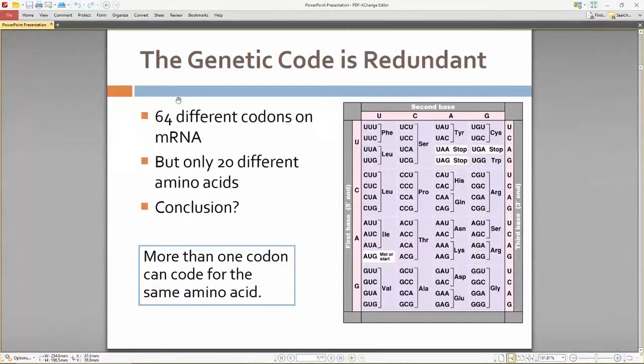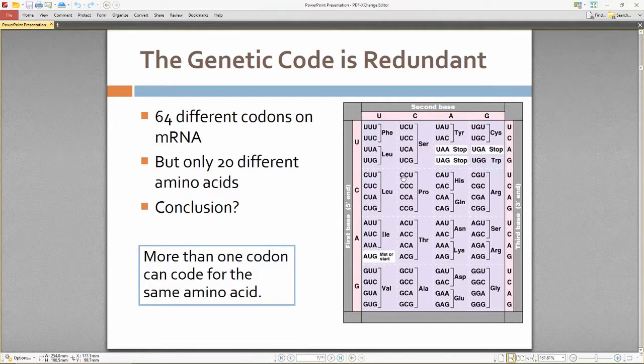So there are 64 different possible codons, but only 20 different amino acids, which creates a redundancy. What that means is if you look at proline, more than one codon here can code for proline. So essentially what redundancy means is you have a failsafe.